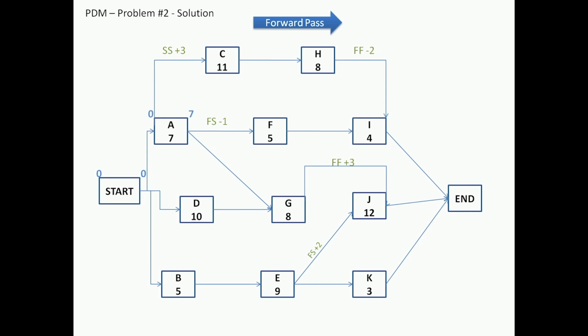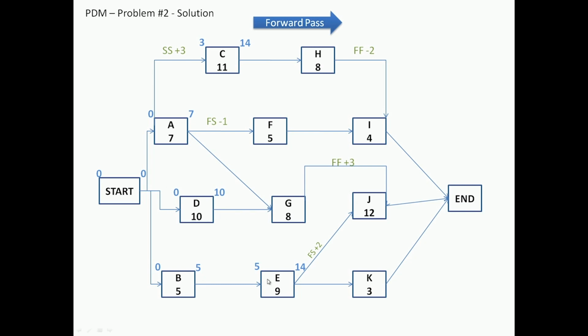A goes from 0 to 7, B from 0 to 5, and then for C, because of the +3 lag, it goes to 3. So the early start of C becomes 3 to 14, and D is 0 to 10.